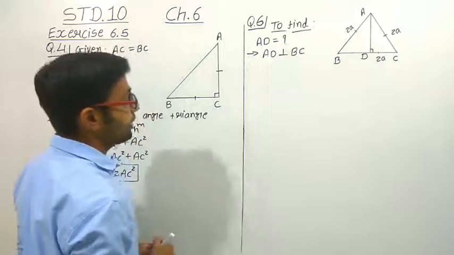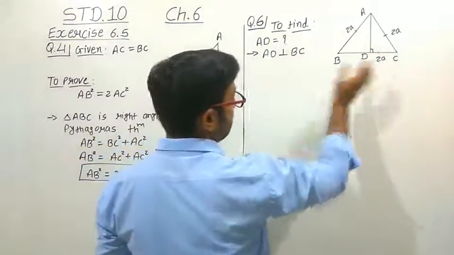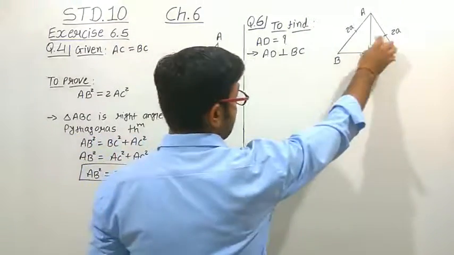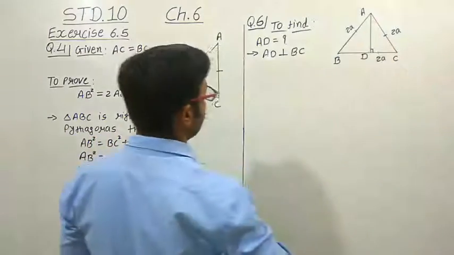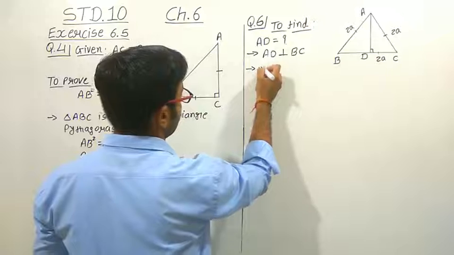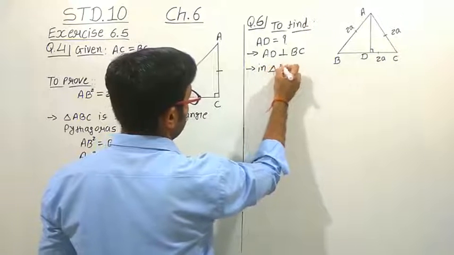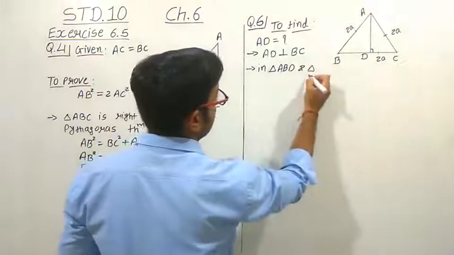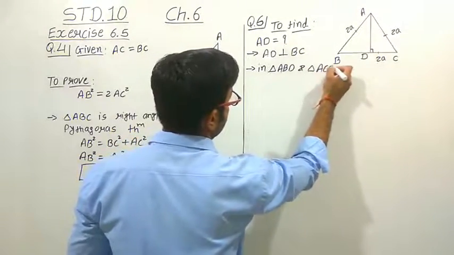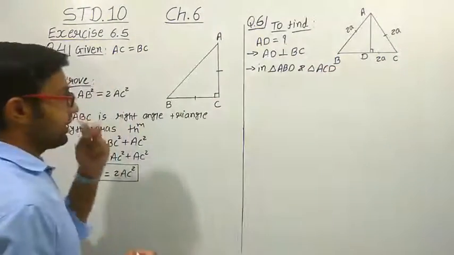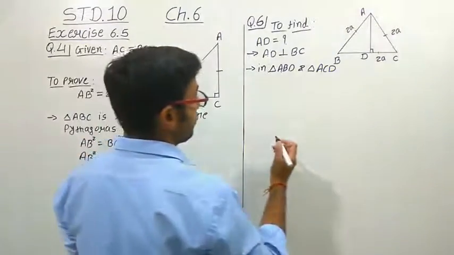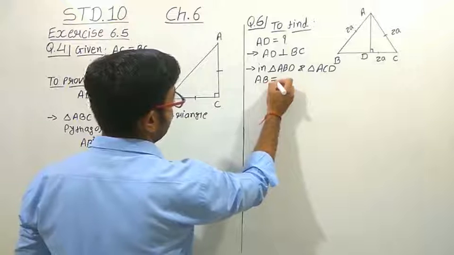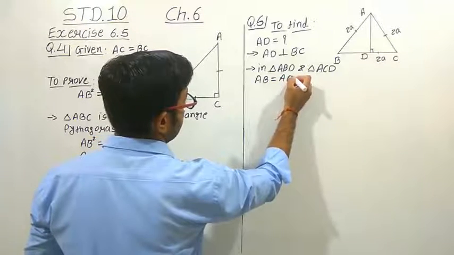So how we can find out it? See, total length we have, that is equals to 2A. Okay, so here let us consider these two triangle ABD and ACD. So in triangle ABD and triangle ACD, see, in these two triangle we know that this is an equilateral triangle, so AB side will become equal to AC side.